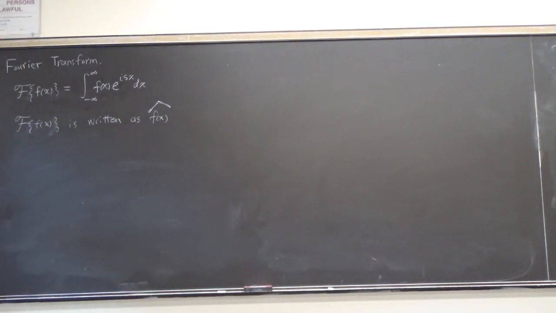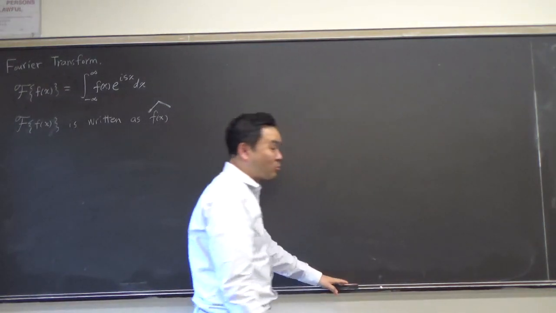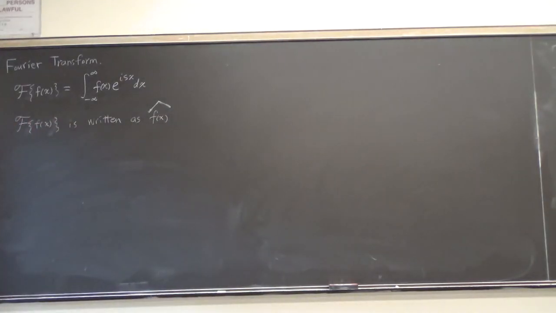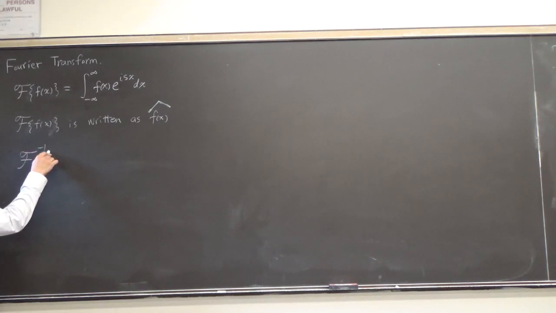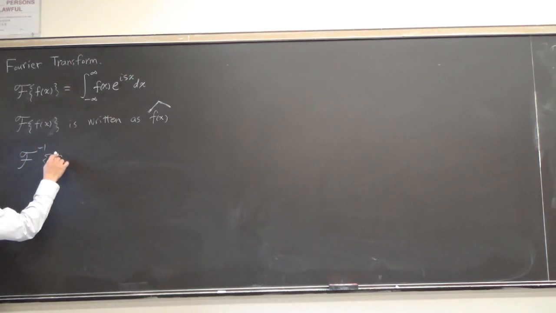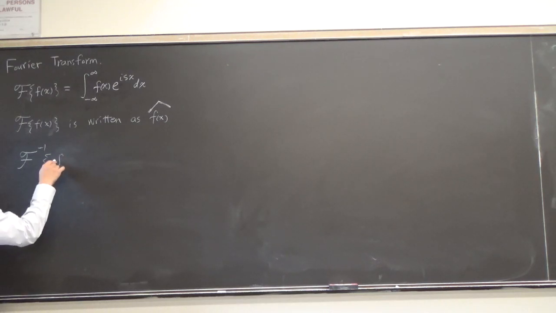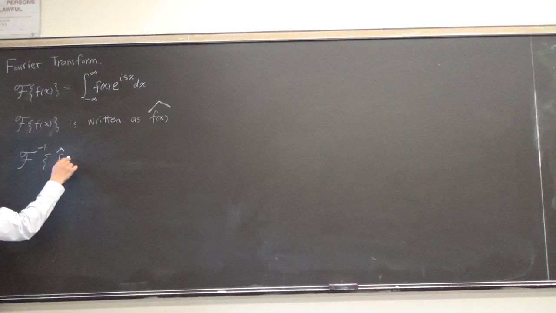All right. Now, I said that defining the inversion of the Laplace transform is really hard. On the other hand, the Fourier transform actually has a closed formula that can be calculated to do the inversion. So the inverse Fourier transform of something that's already Fourier transformed, let's call that f hat. Sometimes people put the hat only on this side.